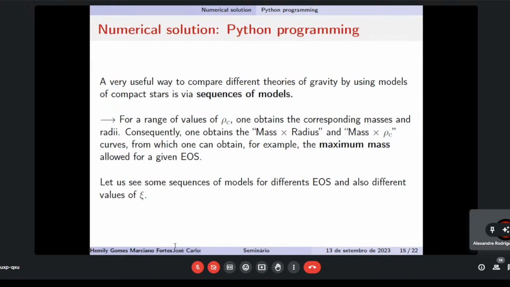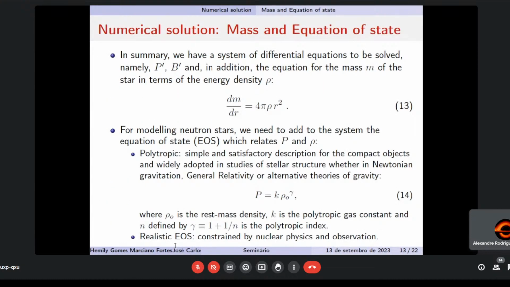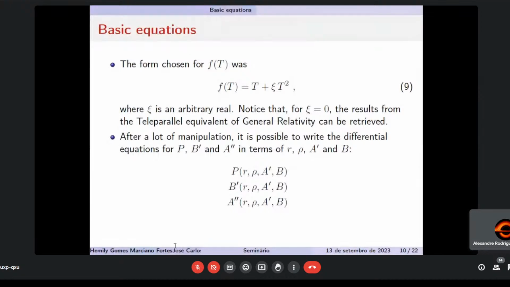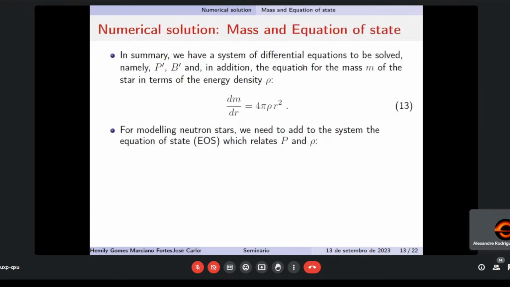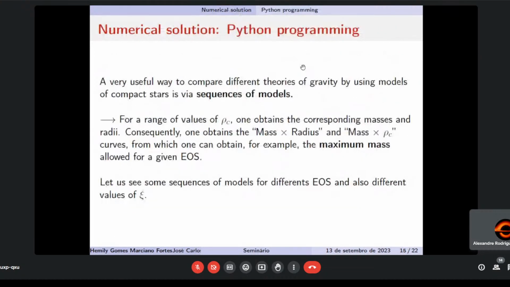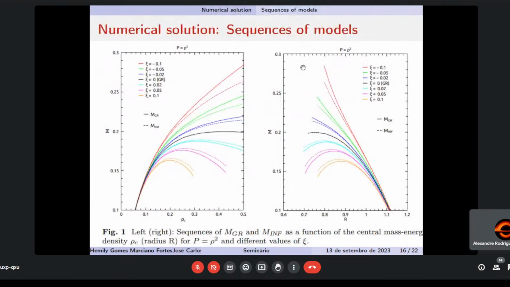So let's see some sequences of models for different equations of state, and also different values of Xi, because if you remember, the model chosen was that. So for each Xi, for example, 1, 2, 3, or -1, we have a different model. If you do that, we can obtain some curves. For example, here we have the sequence of the mass.